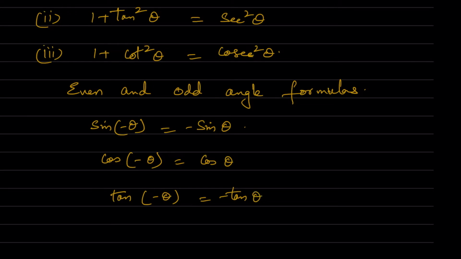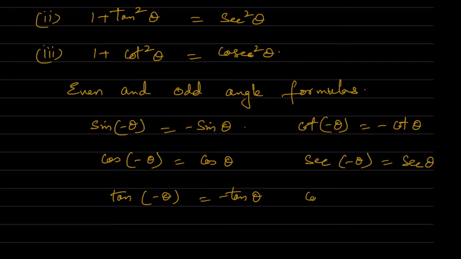So tan of minus theta is equal to minus tan theta, and cot of minus theta is equal to minus cot theta. Secant of minus theta is equal to secant theta, and cosecant of minus theta is equal to minus cosecant theta.